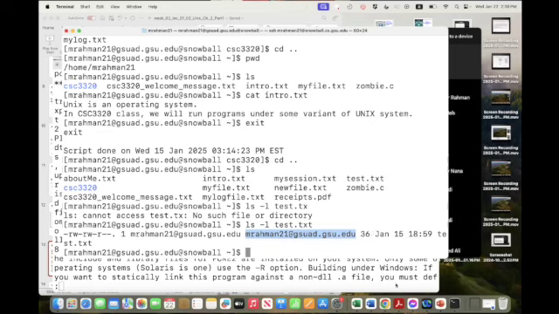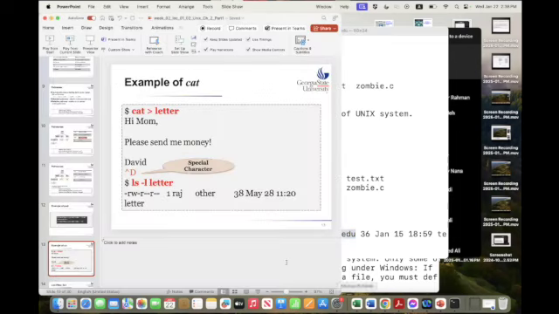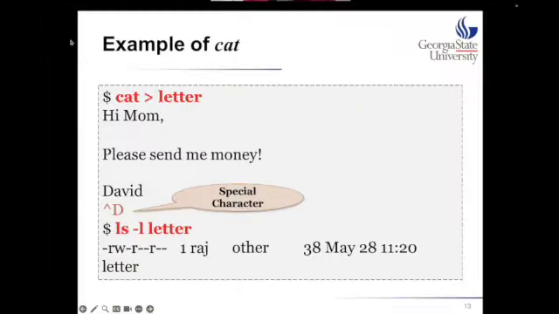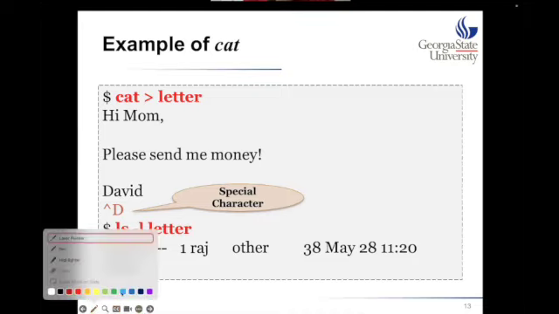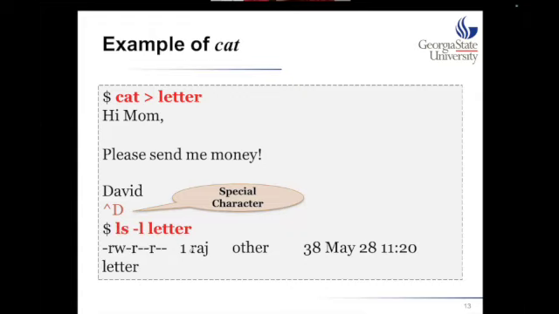So let's see from our PowerPoint. As you can see, this is the permission of the letter file we just created. One is the number of hard links, and we don't need to know the concept of hard link right now. And who was the owner of this file? The owner of this file was Raj.